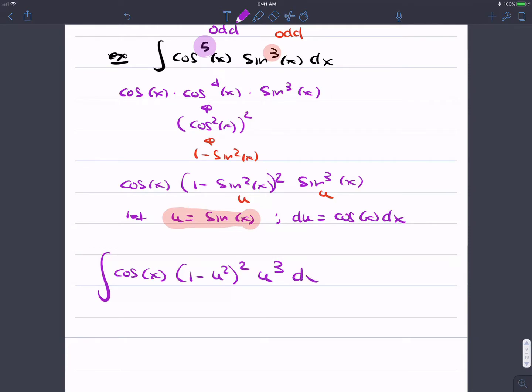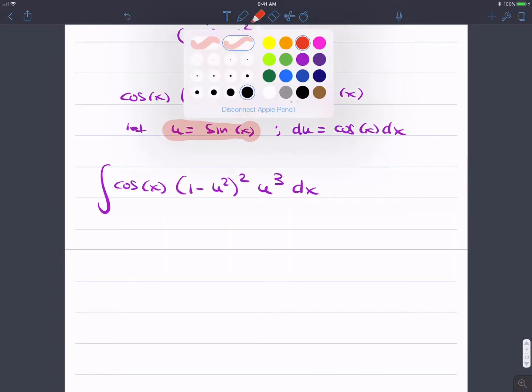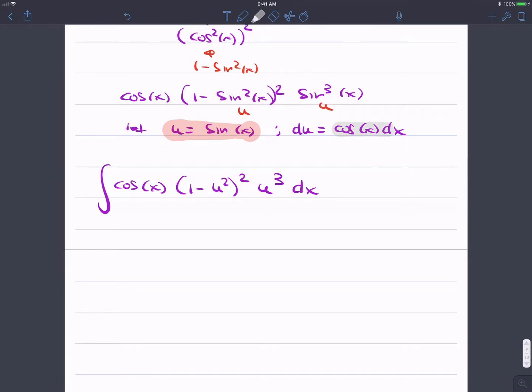Don't forget, we're supposed to integrate with respect to dx. So this is what we get just plugging everything in. And then now I have cosine x dx being du. Here's my dx, cosine x. That's just my du. So we'll have an integral of 1 minus u squared squared u to the third power du.